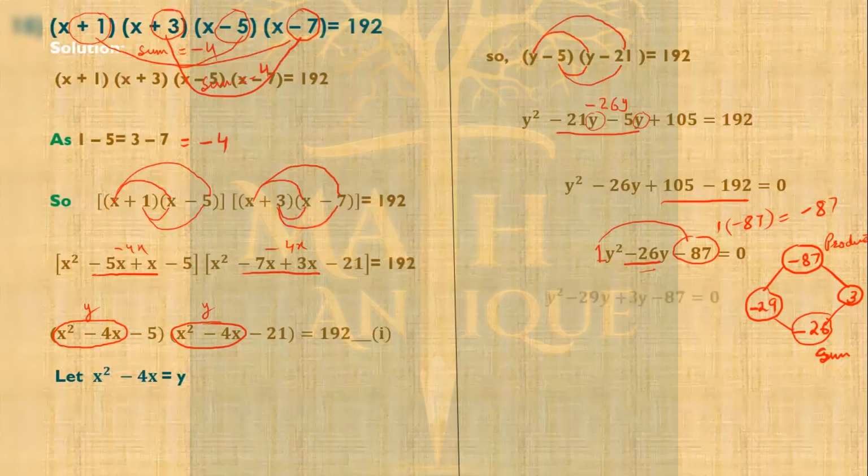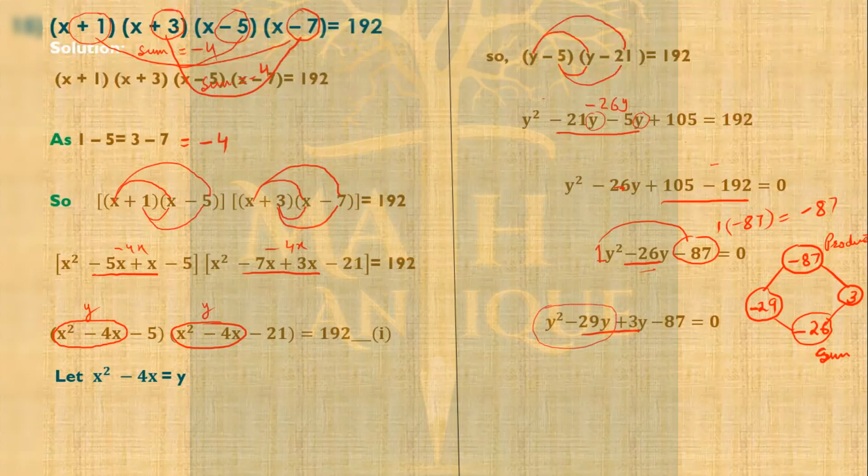Like this. After splitting the middle term, we will take the first two terms and last two terms and take common. Now we have y² - 29y + 3y - 87 = 0.